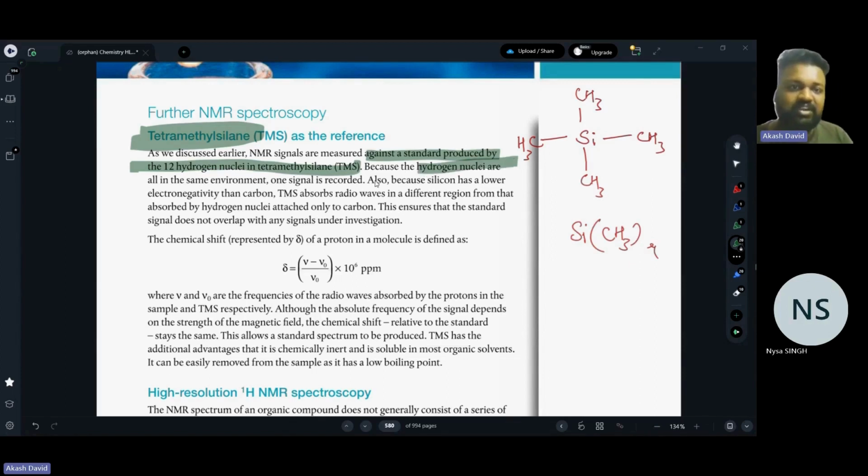Because the hydrogen nuclei are all in the same environment, only one signal is recorded. This is because silicon has a lower electronegativity than carbon, and therefore TMS absorbs radio waves in a different region than that absorbed by hydrogen nuclei attached to carbon. This ensures that the standard does not overlap with the signals of any compound under investigation. Is that clear? Yes, sir.